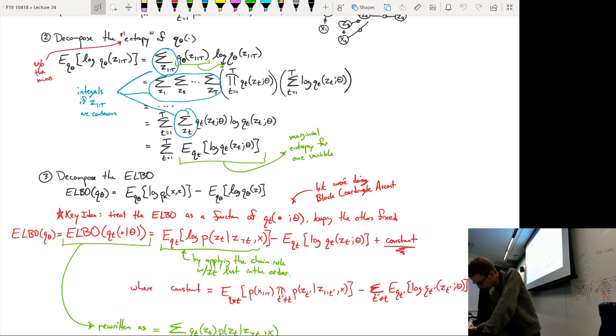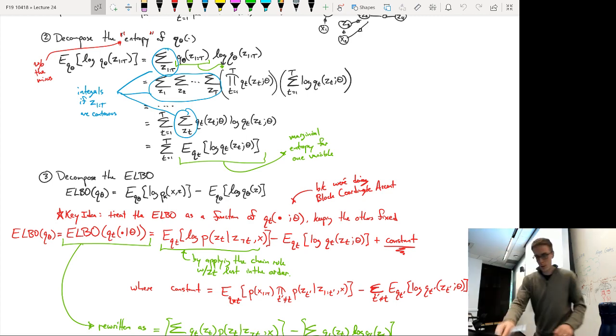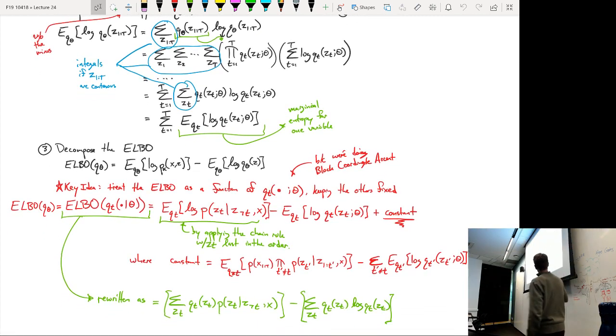So this is one expectation, and then the other expectation is a sum over zt of qt zt of log q zt. So now we've really gotten rid of most of the terms in this thing. And so all we have is a sum over the different values it could take on. It's really just this expectation under qzt of the full conditional for zt minus the entropy of that distribution.